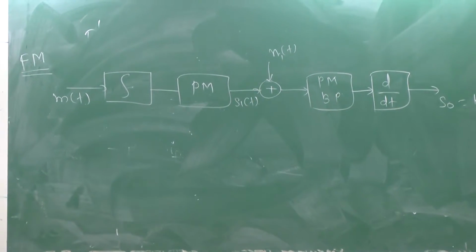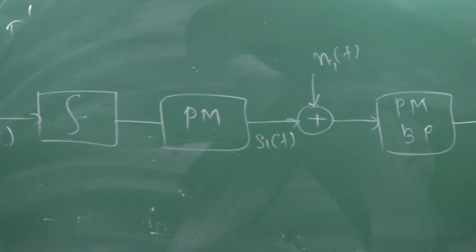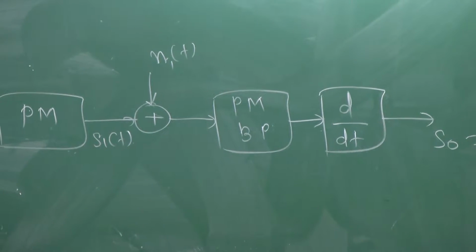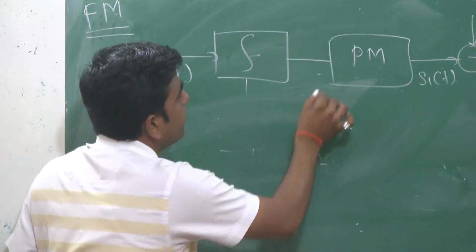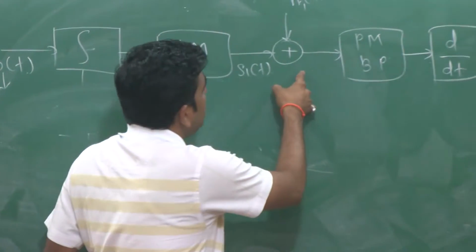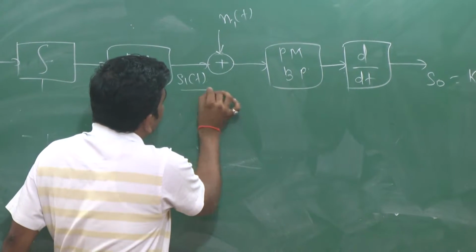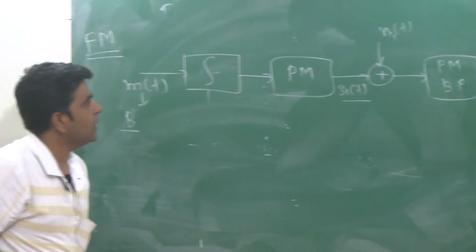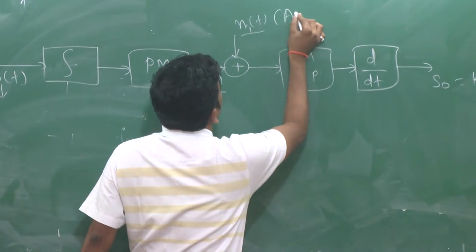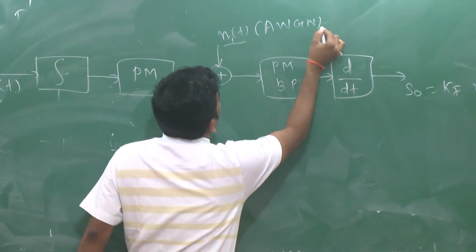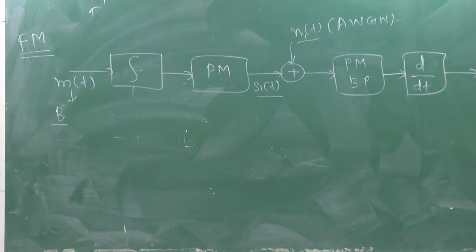This is a general block diagram for frequency modulation in presence of noise. It is an extension to phase modulation. m of t is the message signal with bandwidth capital B. Here we use the integrator, then the phase modulator. Input to the demodulator is your signal Si of t, which is a frequency modulated signal, plus noise Ni of t, which is AWGN, additive white Gaussian noise, which can be represented by its quadrature representation, in phase component and quadrature component.